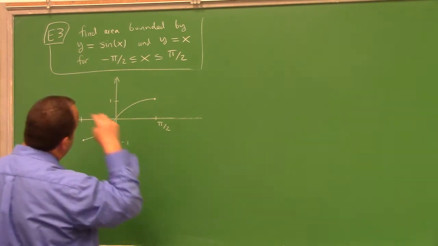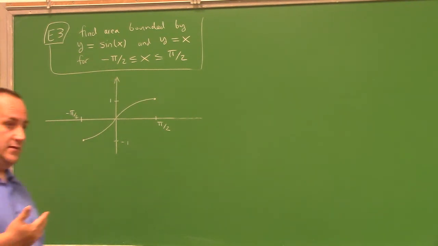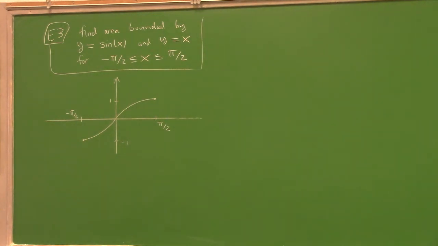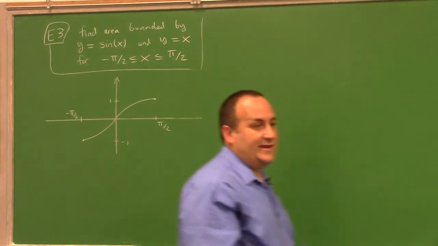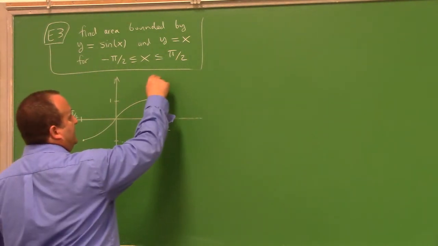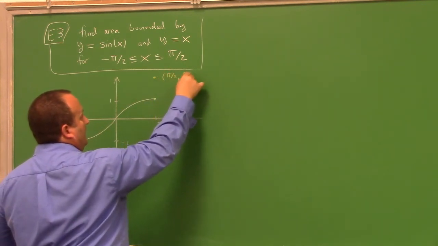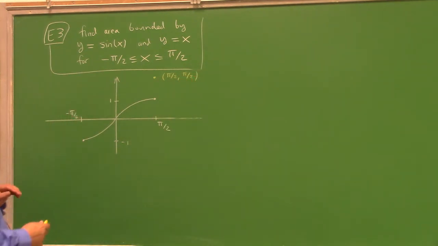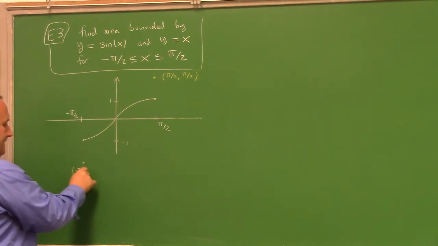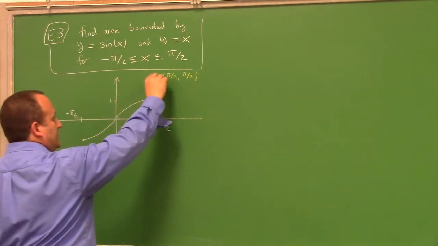Now, how about the line y equals x? How does that relate? Well, it's a line, so if we could find 2 points, then we can connect them to get the line. Where does the line y equals x end? When x equals pi over 2, you're at pi over 2, which is up here somewhere. And on the other side, you're down here somewhere. And so y equals x connects those two, doesn't it?